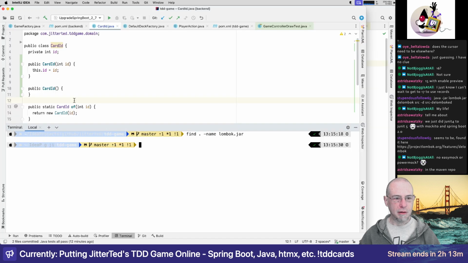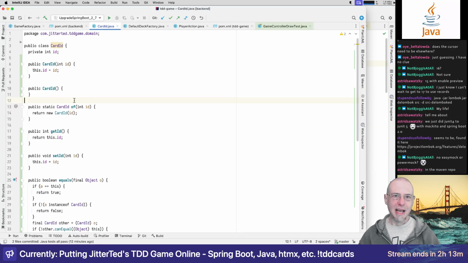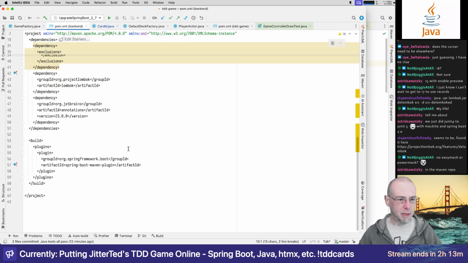I think I've got plugins already. Yeah, at worst I can go to the Maven repo and grab it. But let's try this Maven plugin. Do I have plugins? Yes, I do have plugins.